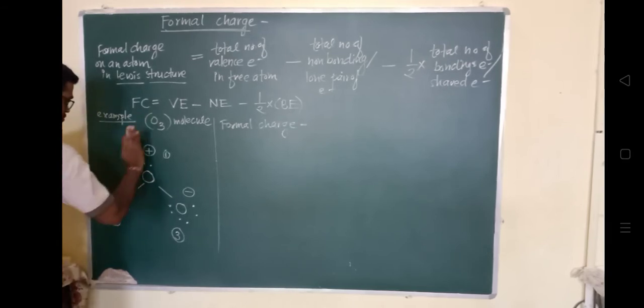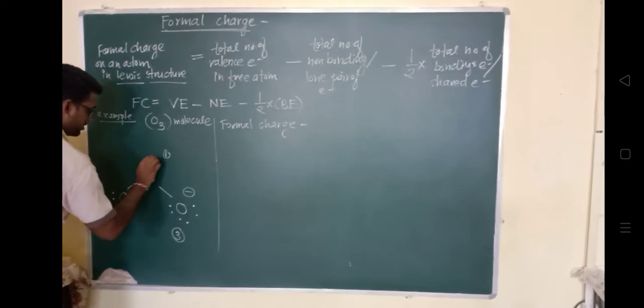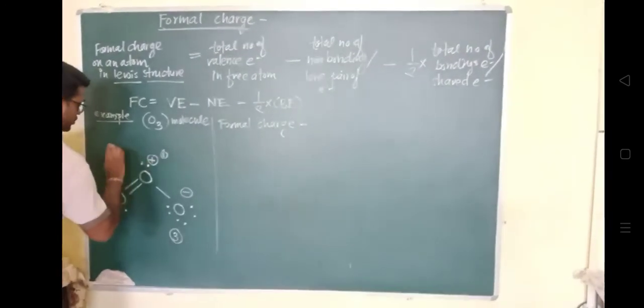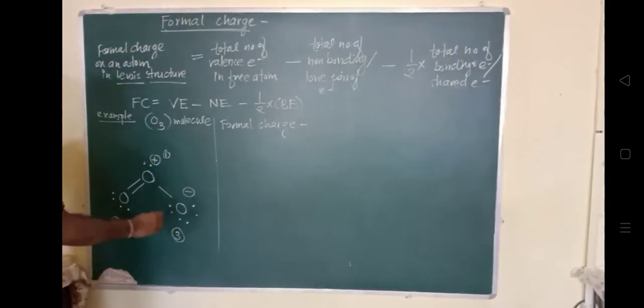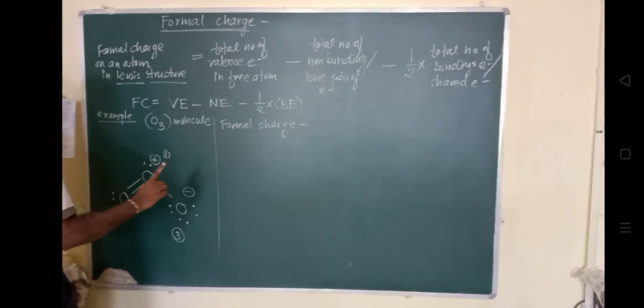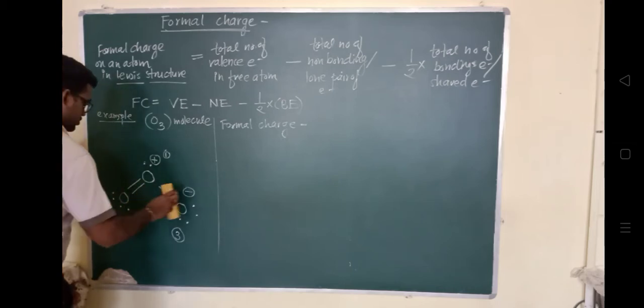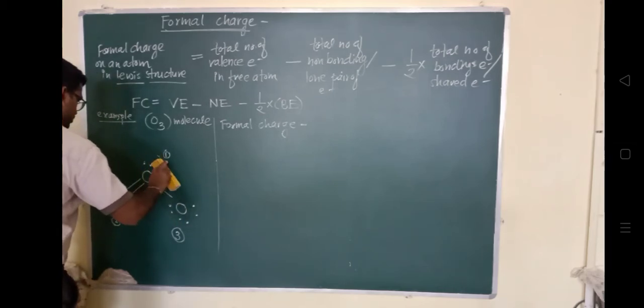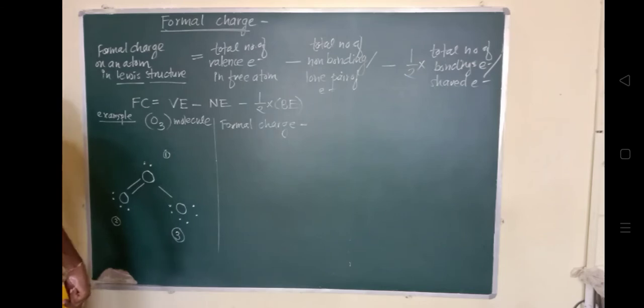Okay, let's write the plus on this side so that it will be understood. So the formal charge on the very first oxygen atom. Okay, let's do one thing, we'll write the plus and minus later.